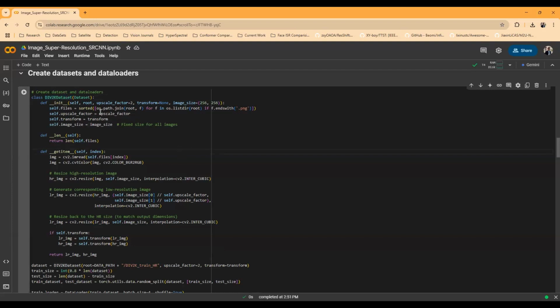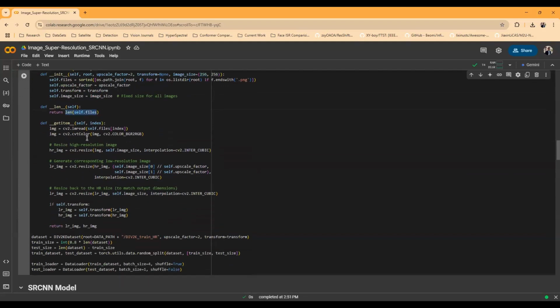What it does is use os.path.join, so it uses the path for input images, and the upscale factor, which in our case is 2. Transformation we have defined, but we are not using it, so None. Image size means 256 cross 256, right?